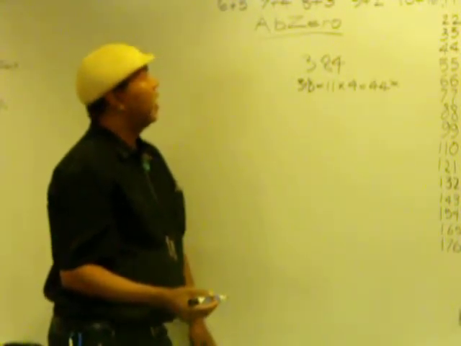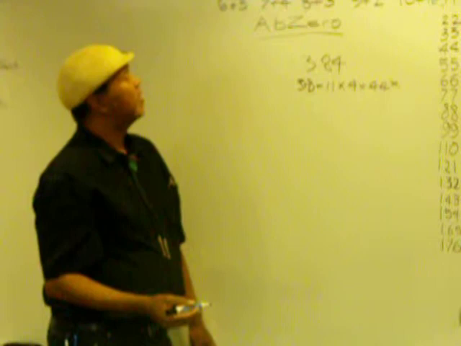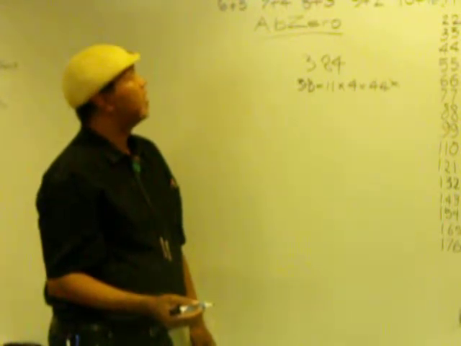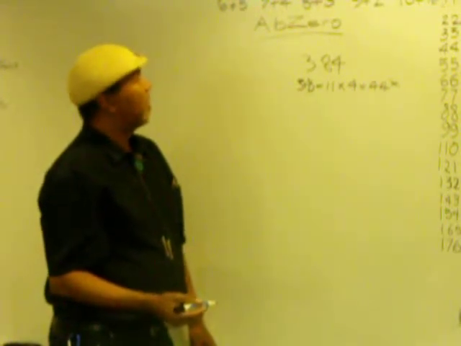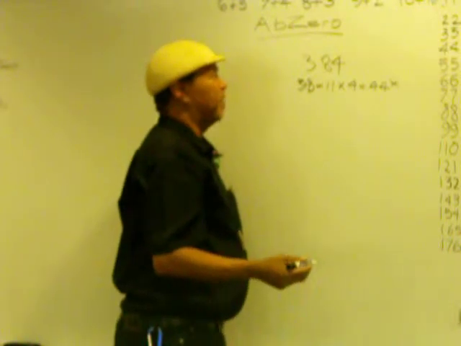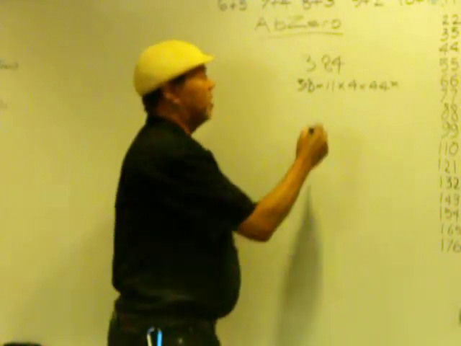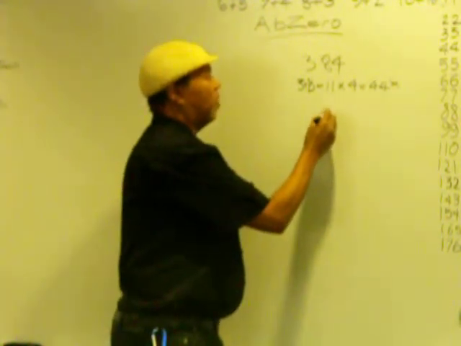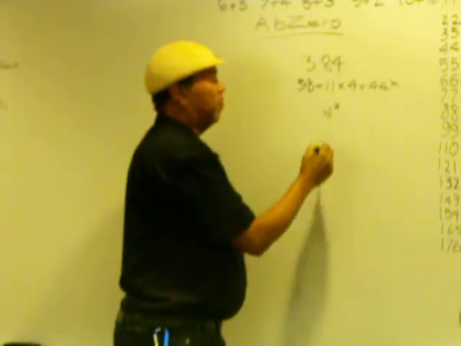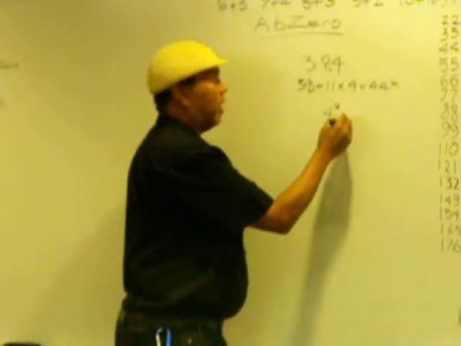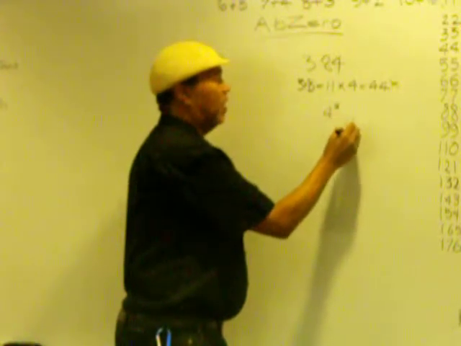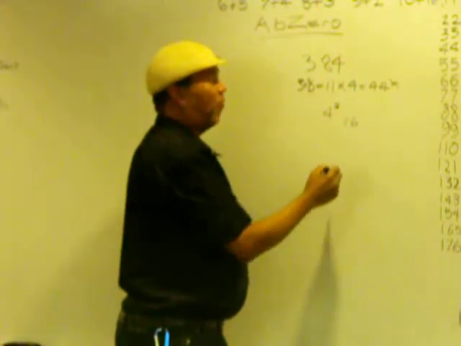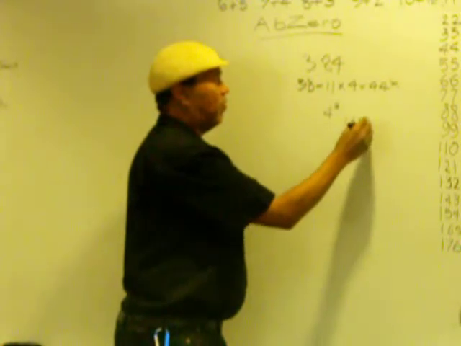Let's see. Okay, I'm doing some exponents. 4 to the third power: 4 times 4 would be squared, would be 16. And then 4 times 16 is 64.